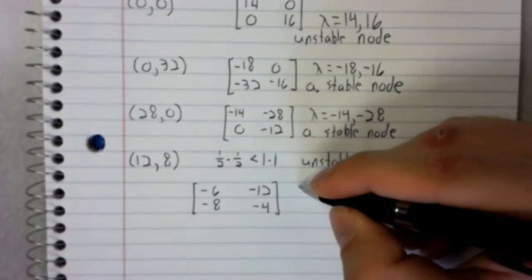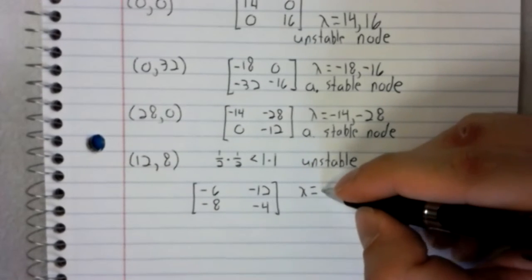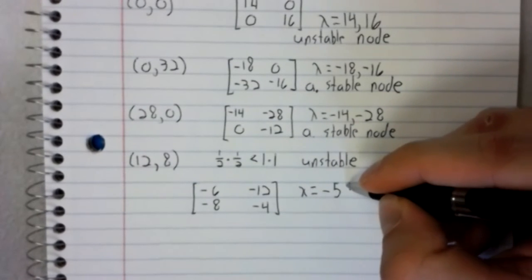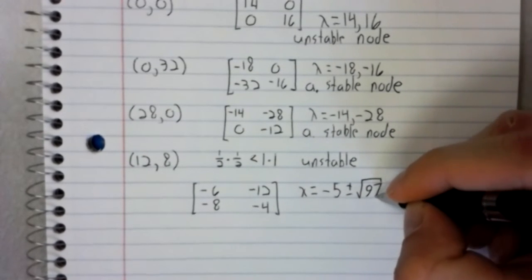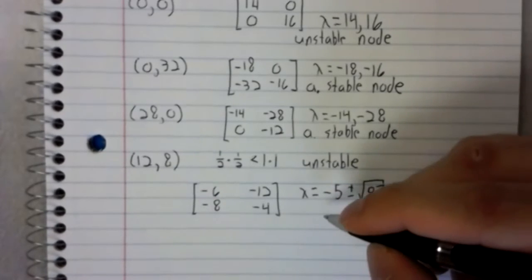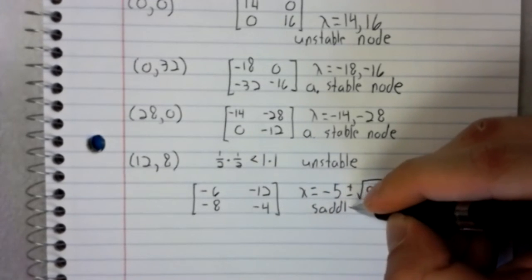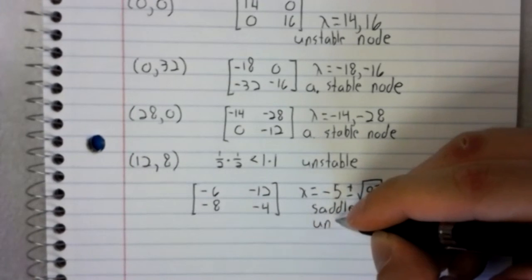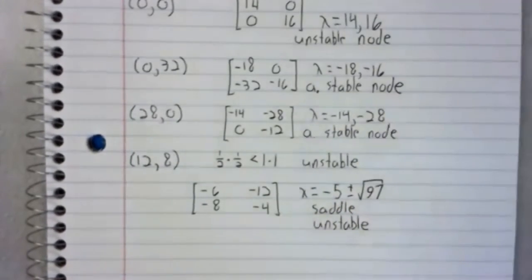You can verify if you wish that the eigenvalues are -5 plus or minus the square root of 97. 1 positive, 1 negative. Thus, this is a saddle and unstable.